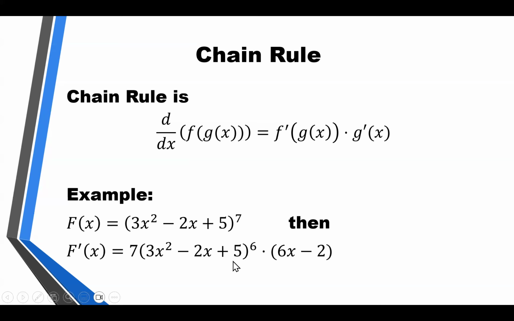The inside function of 3x squared minus 2x plus 5 stays the same. But on the outside, I have to multiply times the derivative of the inside function. The derivative of 3x squared minus 2x plus 5 is 6x minus 2. So I'm going to get 7 times my original polynomial raised to the 6th power times the derivative of that polynomial. That's how the chain rule works.